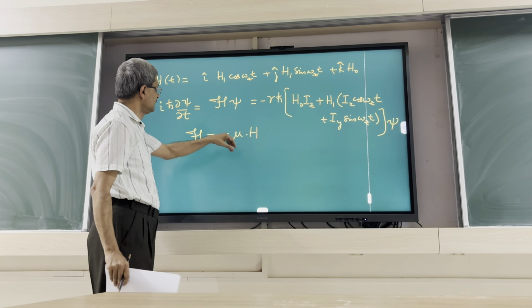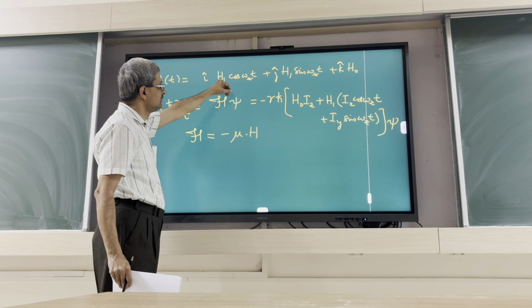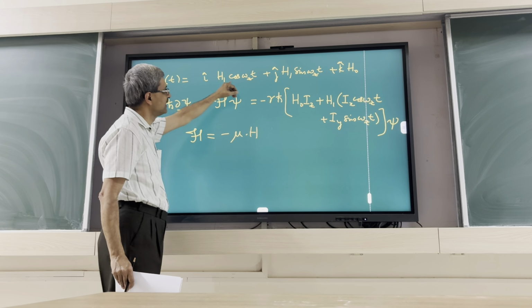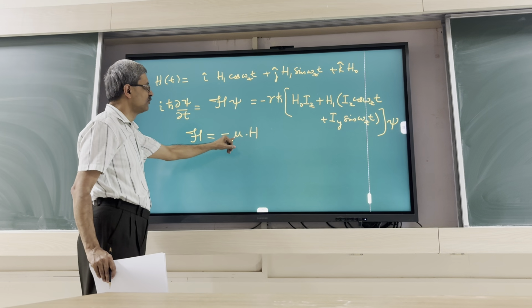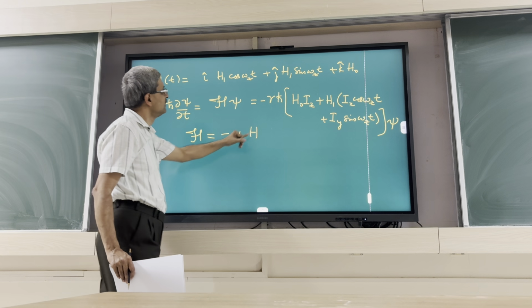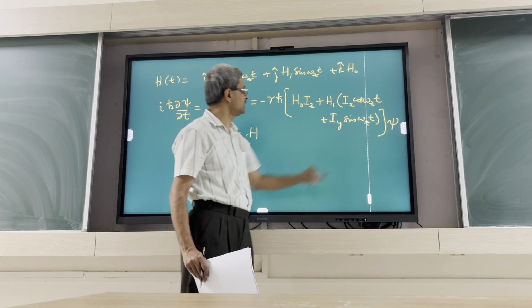Right? So the x component of moment goes with h1 cos omega t, so that's this one. The y component of moment, which contains Iy, goes with h1 sin omega t, so that's this.